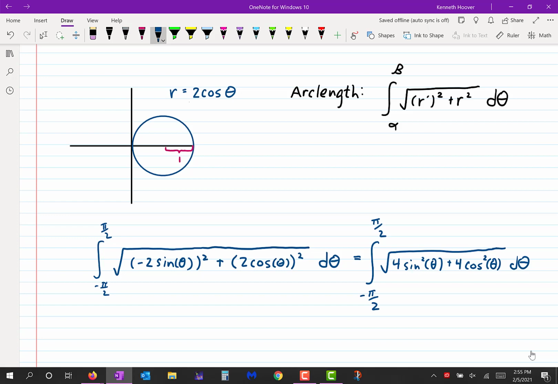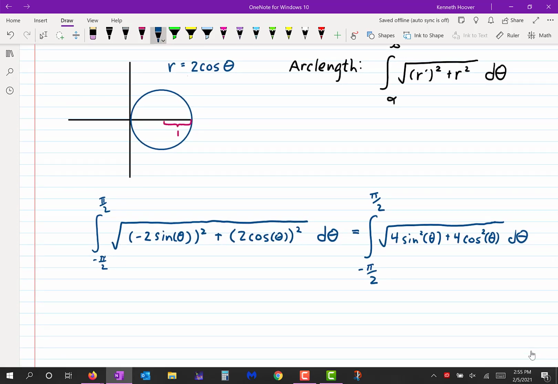Isn't that just the square root of 4? Because sine squared plus cosine squared equals 1. So that's just the square root of 4. And what is the square root of 4? It's 2, right? So we're just integrating 2. See, I told you it would be easy.